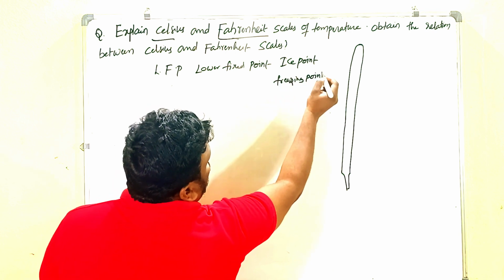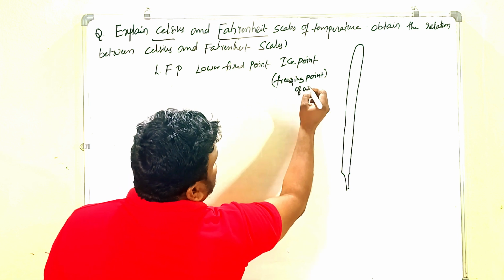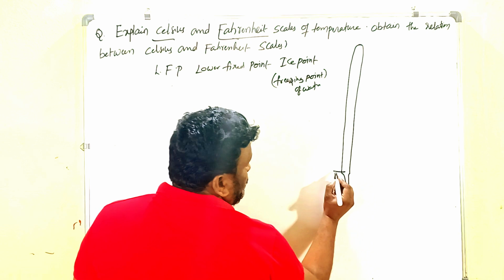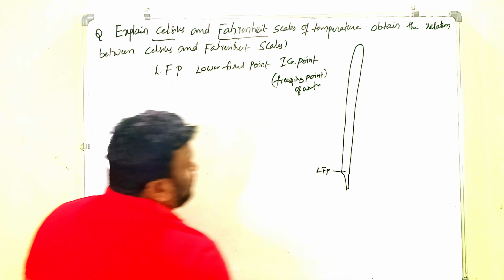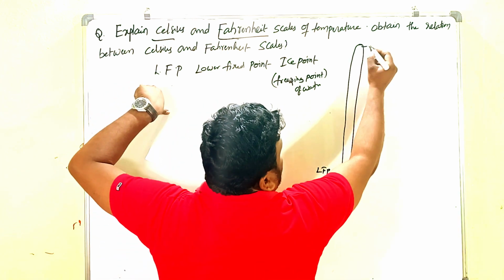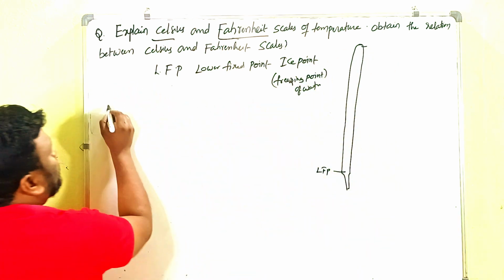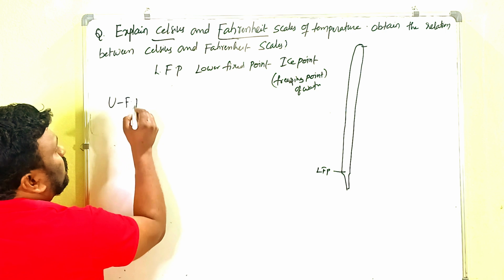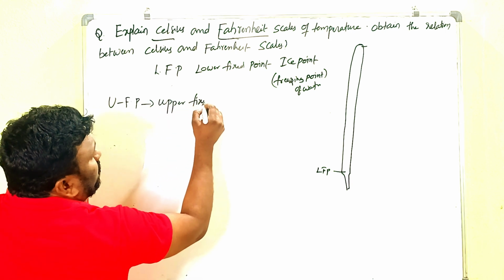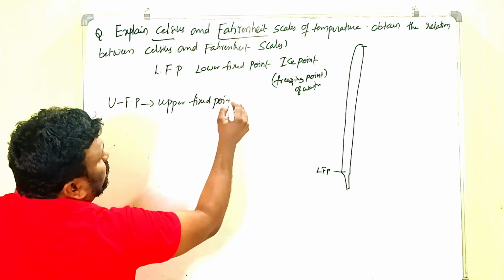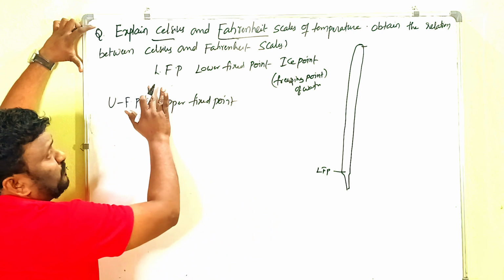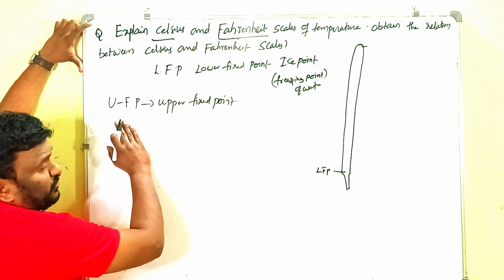The freezing point of water is taken as the lower fixed point. And the other one is the UFP, the upper fixed point. For every thermometer there are two fixed points: the lower fixed point and the upper fixed point.